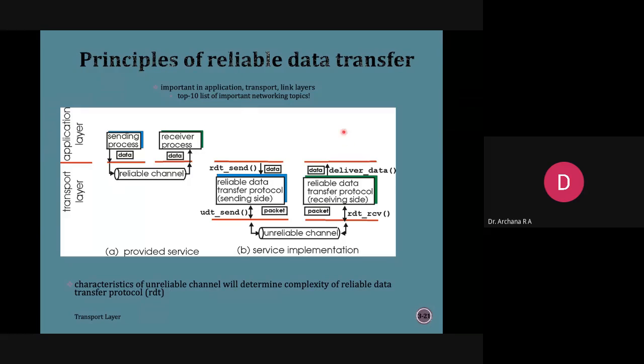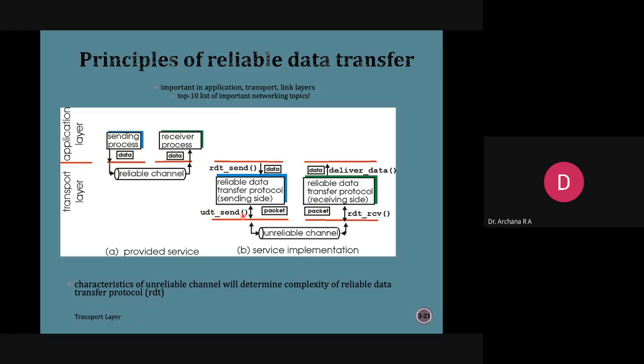Notice that here you have the application layer. From the application layer the data is sent to the transport layer, where you have the reliable data transfer protocol. Whatever data you receive at the transport layer is said to be reliable, but when it moves to the lower layers, it is said to be unreliable.